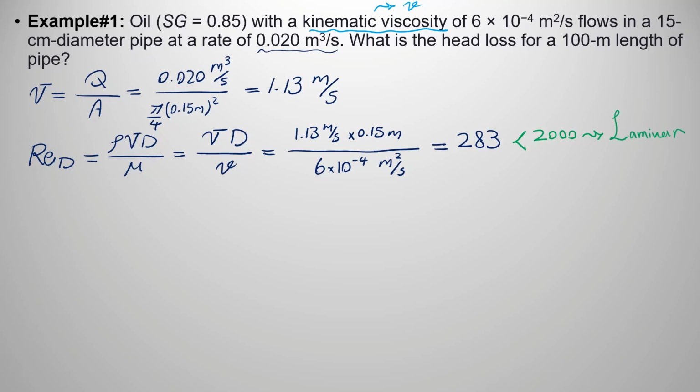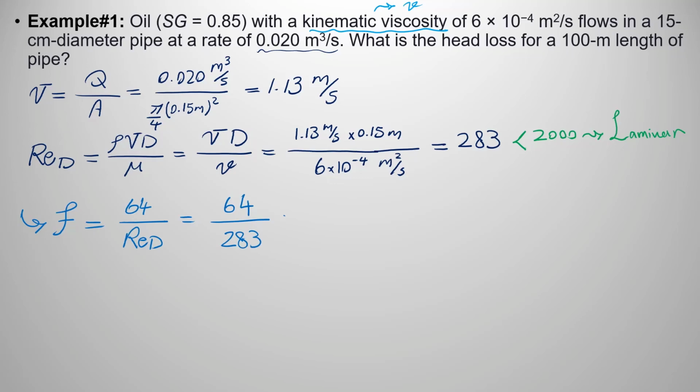All right, now because I have laminar flow, I can calculate friction factor, or F, using the laminar flow equation, which was 64 divided by Reynolds number. So I already calculated Reynolds number to be 283, and 64 is in the numerator.